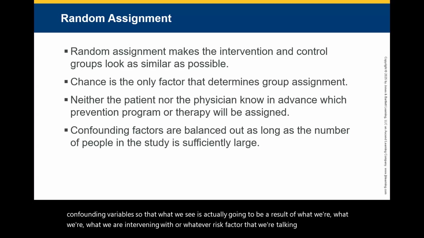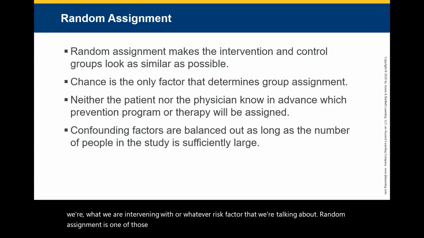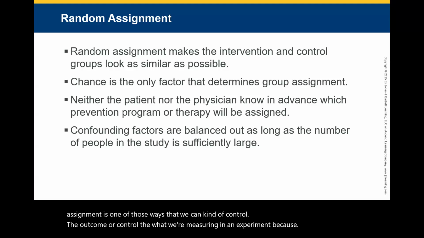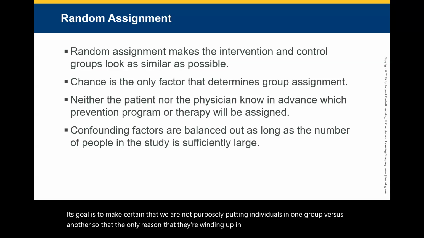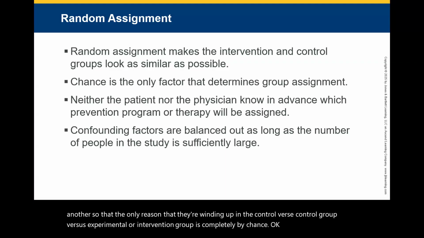Random assignment is one of those ways that we can control the outcome or control what we're measuring in an experiment, because its goal is to make certain that we are not purposely putting individuals in one group versus another, so that the only reason that they're winding up in the control group versus the experimental or intervention group is completely by chance.